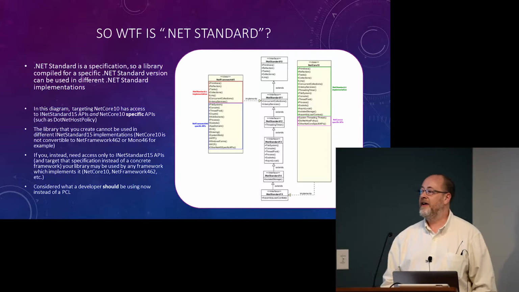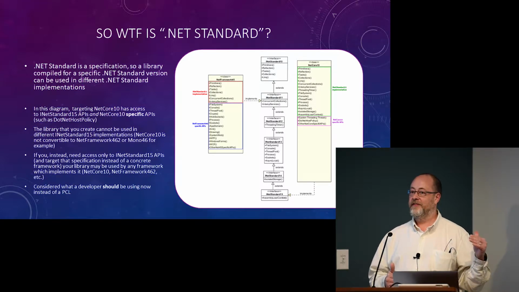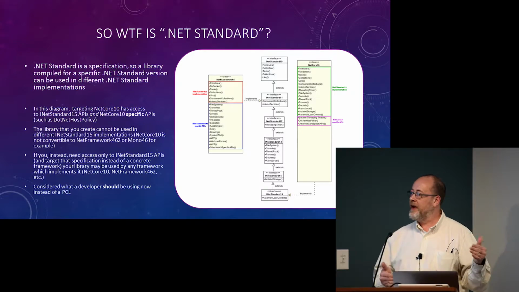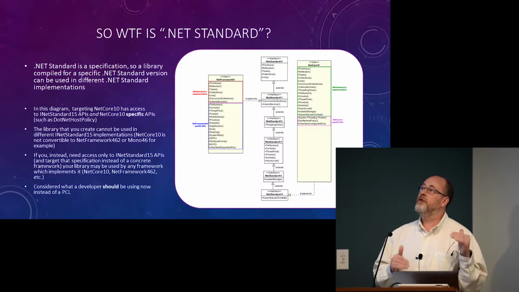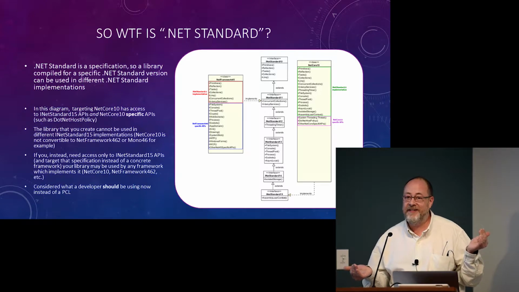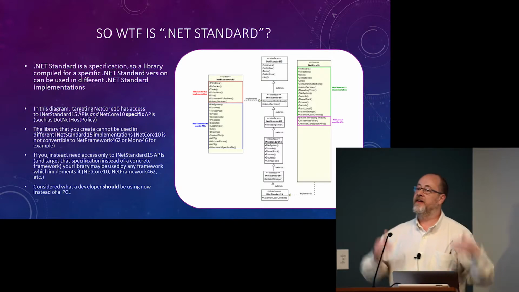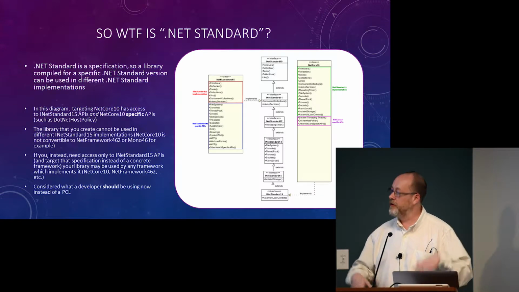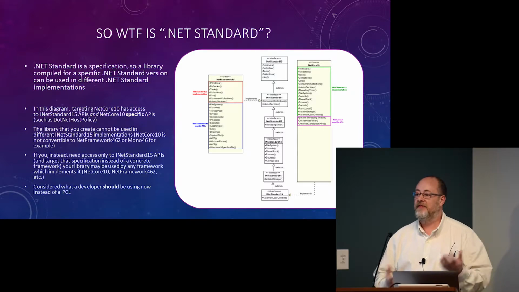So it is a core set of API definitions that is part of a spec. I'm not even sure what version we're up to with .NET Standard. I bet Jay knows. I think 2.0 maybe is what the current .NET Standard spec is. That spec defines all the different interfaces that are part of the framework, but .NET Standard is not like a library or a framework. It does nothing.